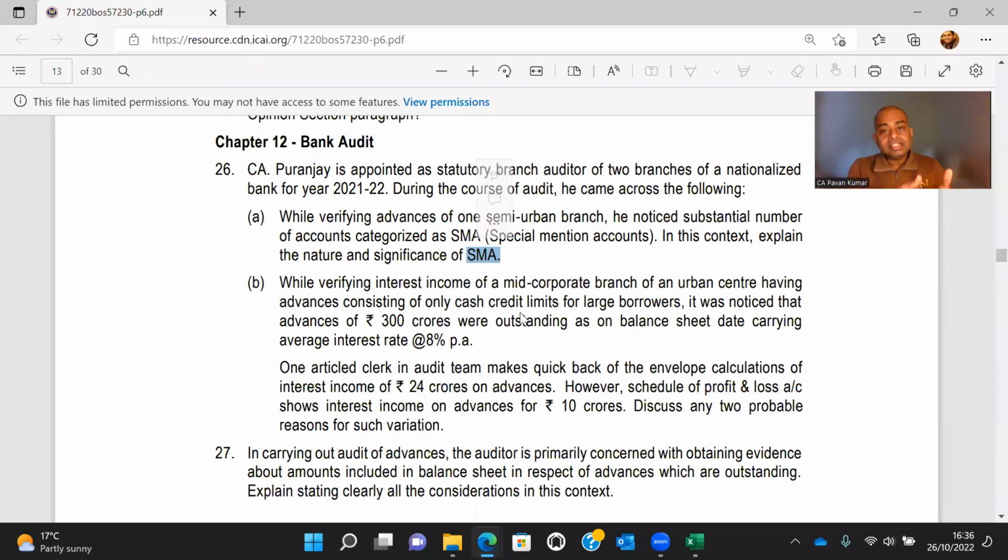Those cases where there is a possibility of becoming a potential NPA in future. Oh my God, this account can be NPA in future. So it is something like, prevention is better than cure.